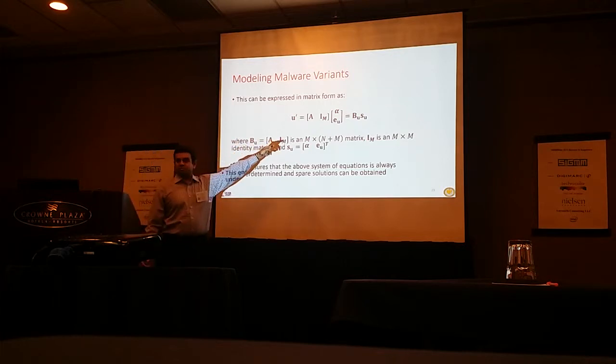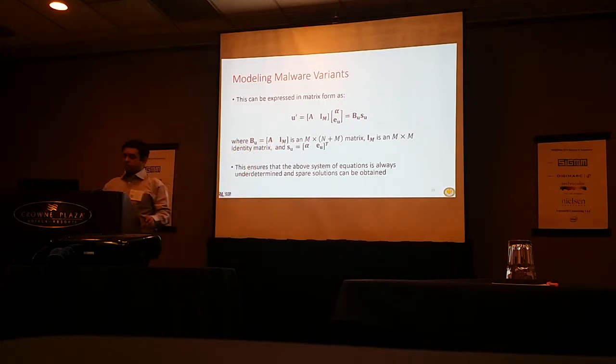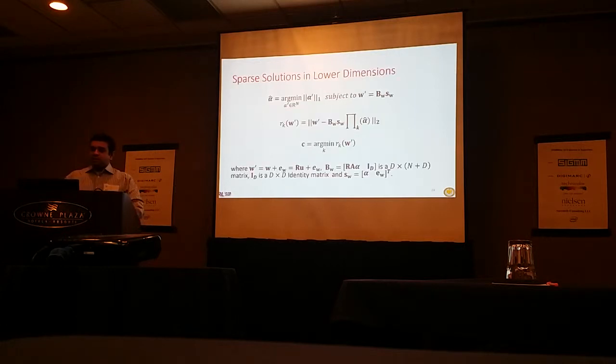This matrix is a fat matrix, and it's always going to be underdetermined. And the same thing we did before, projecting the system of equations to lower dimensions, can again be done here. The same way as we found the residues, we find them again in lower dimensions, and we use this set of equations to determine the family of the malware.